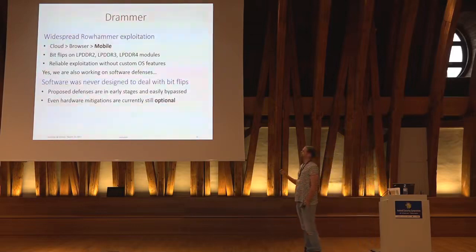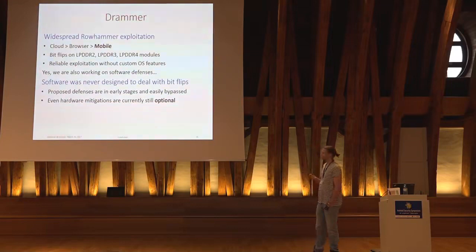I think Rowhammer is showing that software was really never designed to deal with bit flips. And the proposed defenses so far are still at very early stages and easily bypassed. Also at the hardware level, there are some mitigations proposed, but they're still optional.